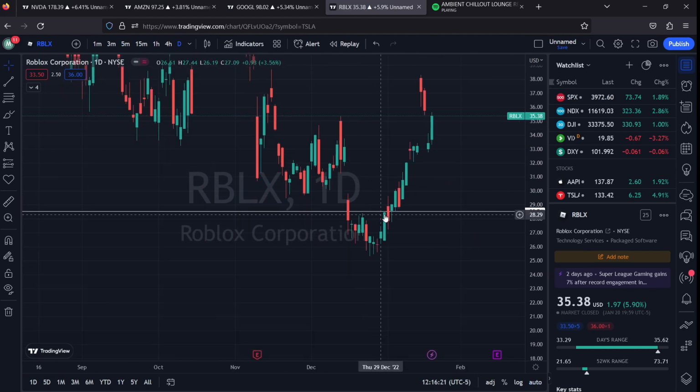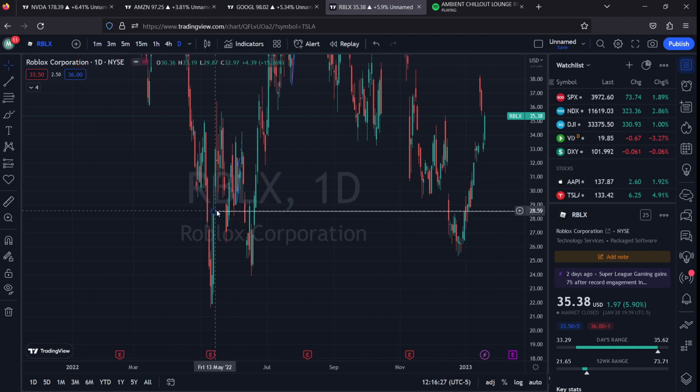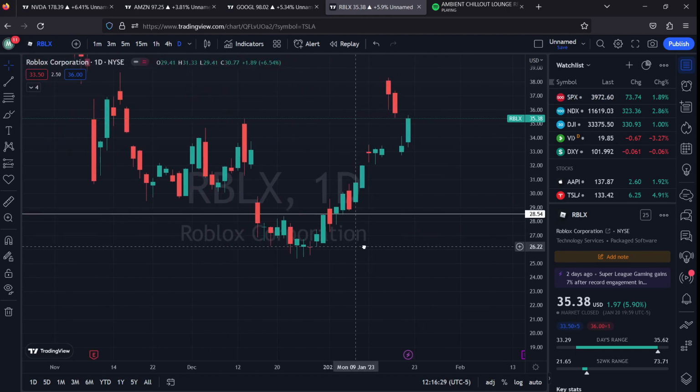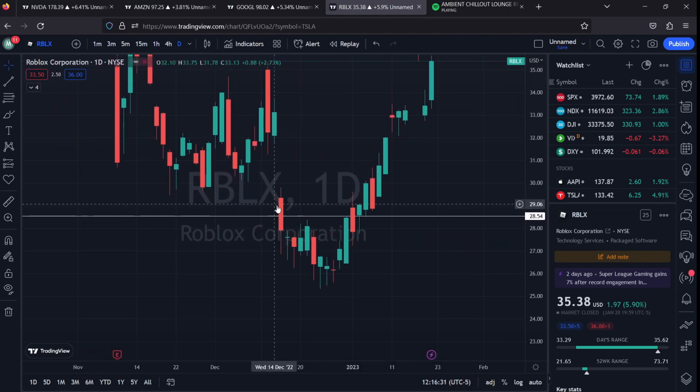You can see that for this 28.54 level, I have this from back here in May on Roblox. We broke it initially here, didn't really retest it, and then when we did come up to retest it, we closed above it the next day, but we came back down and then based over that level right here.